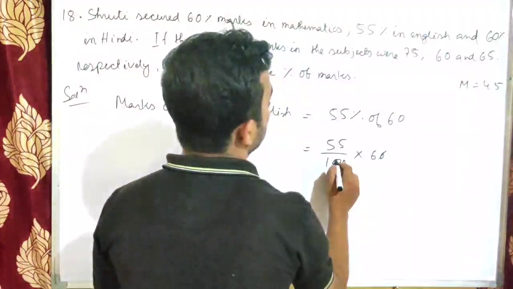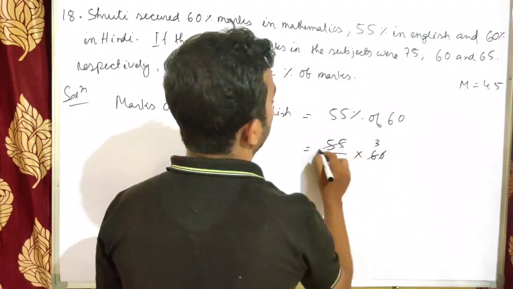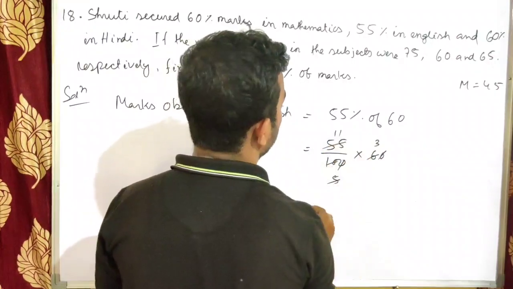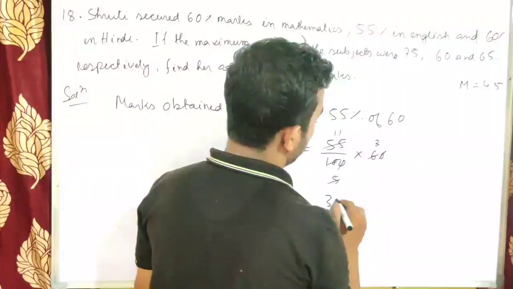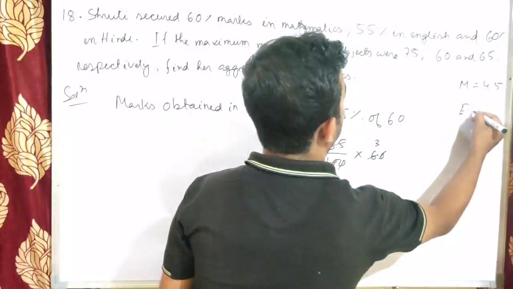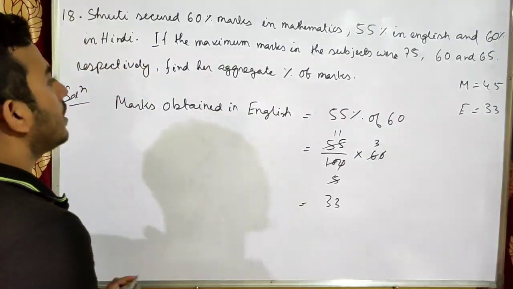Then 2 5 0, then 2 3 0. Then 3 5 11 0, 5 11 0 55. Now 11 into 3 is what? 33. So marks obtained in English is 33.